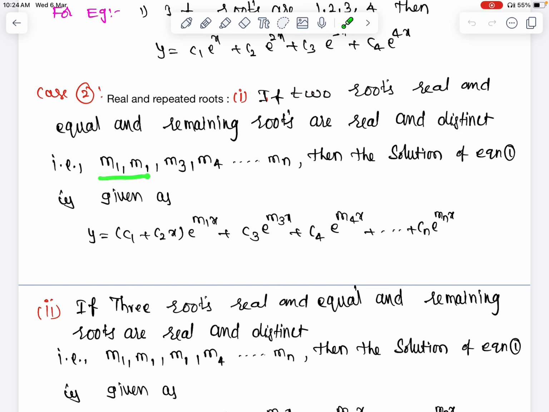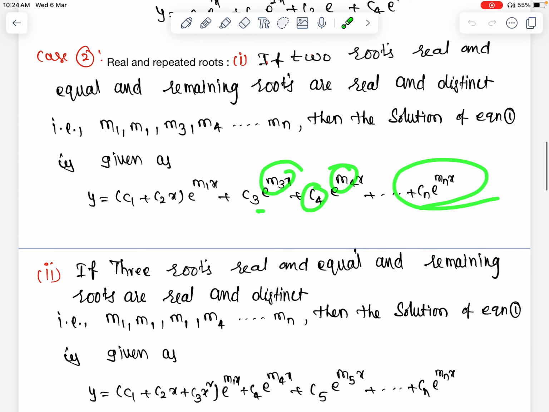If repeated twice, that is the solution. Thrice, what is the solution? We can discuss next. The remaining roots are real and distinct, that means C3 e^(m3 x), C4 e^(m4 x), and so on up to Cn e^(mn x).